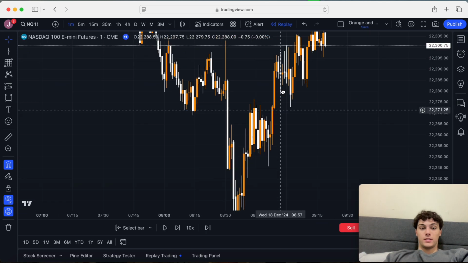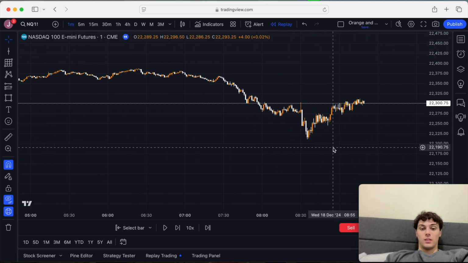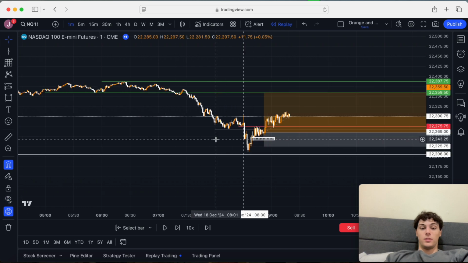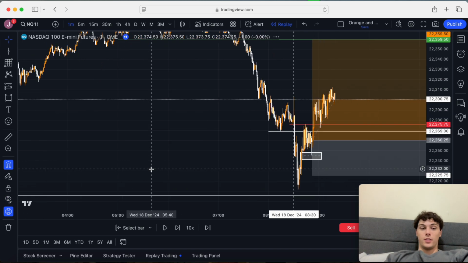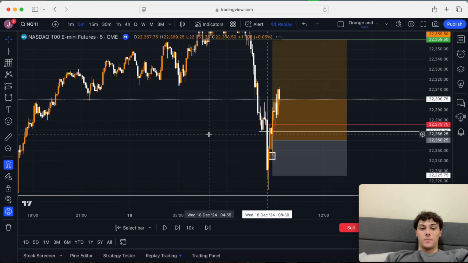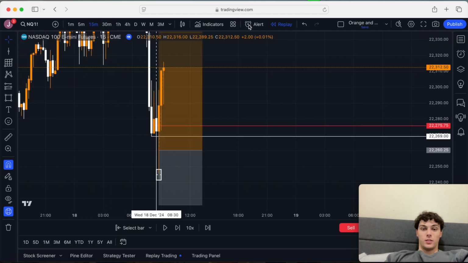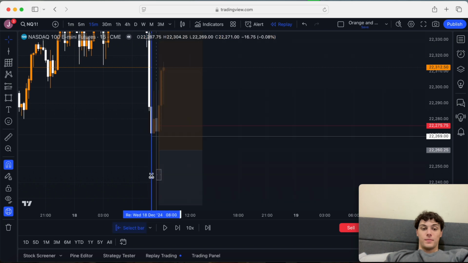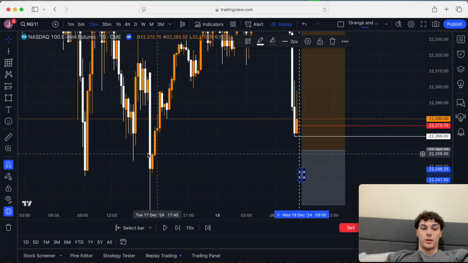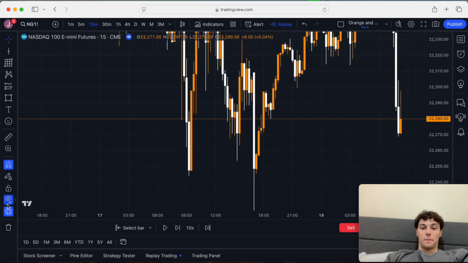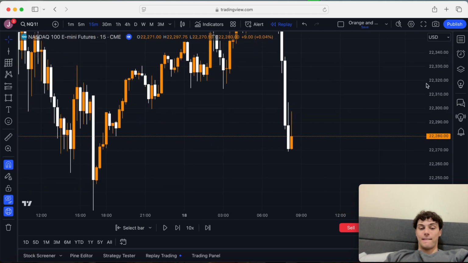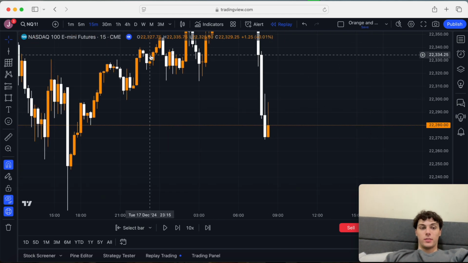and here was NQ. I would have been into a trade right away. So NQ, similar story. Market opens. Market opens, what happens?